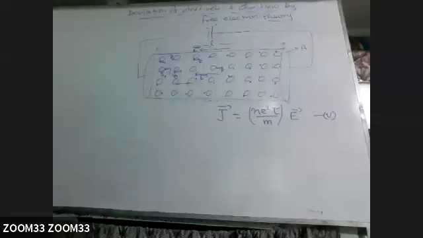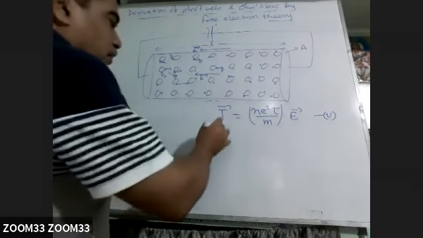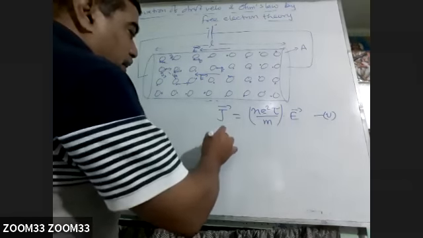So we'll continue from this question number 4. So this 4 says, this E means what? J means what?